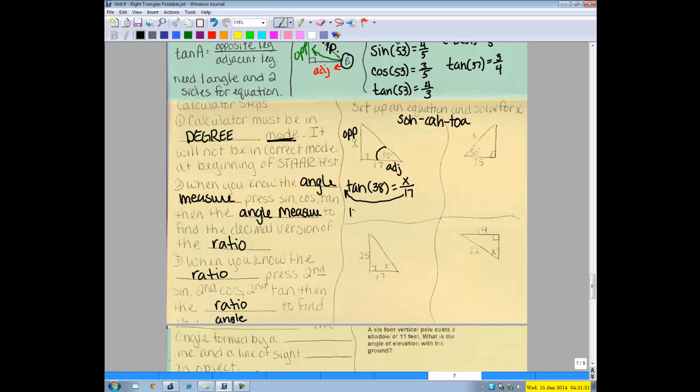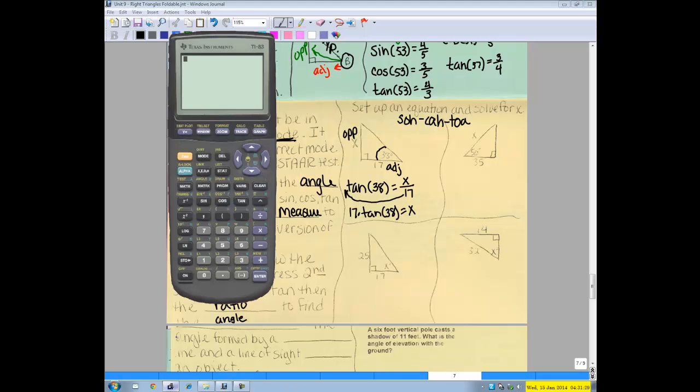So it will be 17 times the tangent of 38 is equal to your x, and that's what we're going to put in our calculator. So 17 times, and here's your tangent button, tan 38, close your parentheses and hit enter, and there you go. Usually sides we want to round to the nearest hundredth, so it's 13.28.